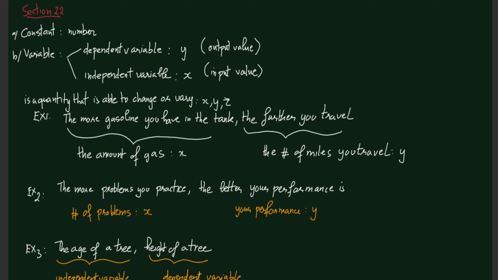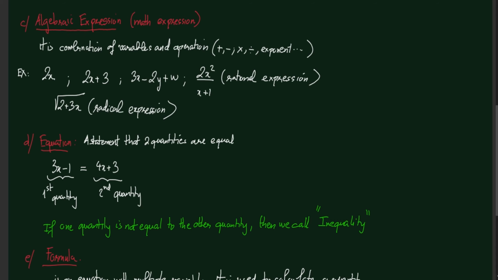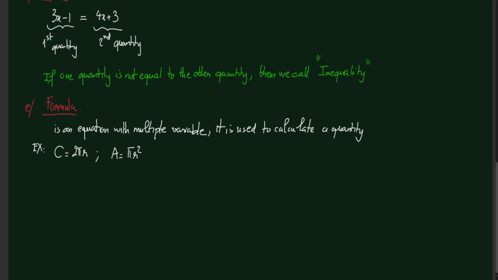Every time we talk about output and input, you talk about X and Y. But again, X and Y, it's just the name. You can use any letter to represent dependent or independent variable.